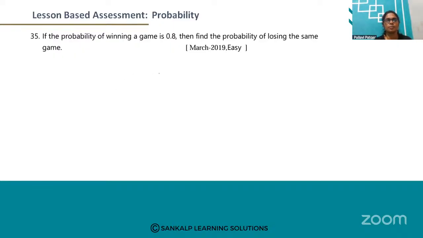So probability of winning plus probability of losing the game is equal to 1. The given probability of winning is 0.8 plus P of losing. So P of L is equal to 1 minus 0.8, which is equal to 0.2. Therefore the probability of losing the game is 0.2.